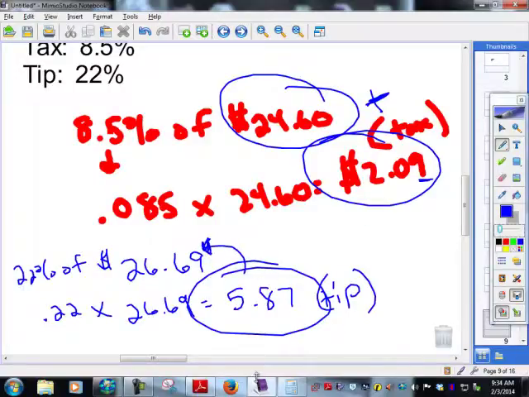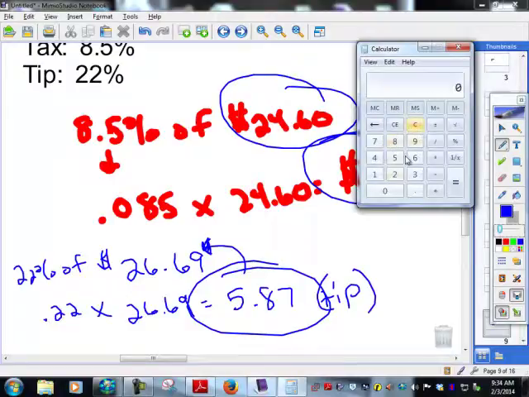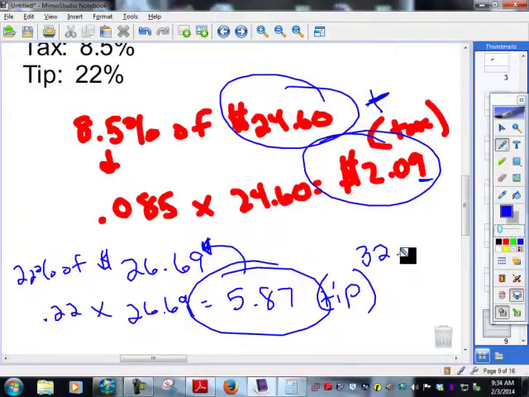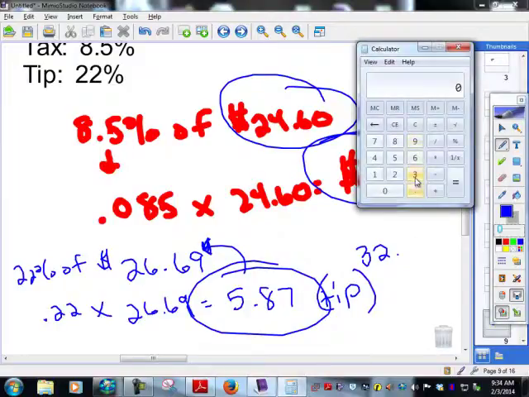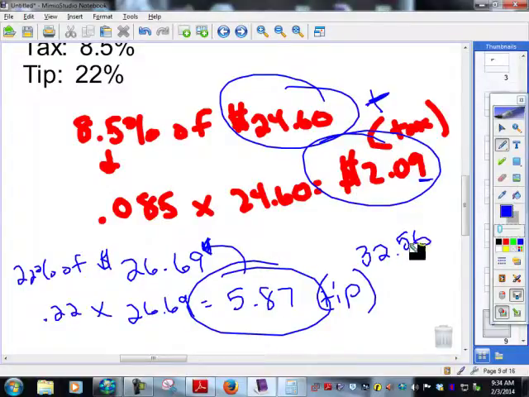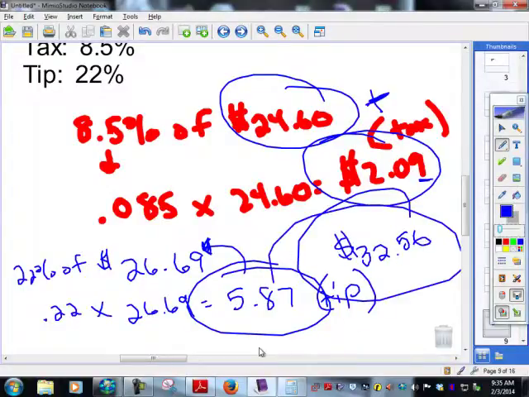Add them up. And you get 32.56. Let me just do it: 26.69 plus 5.87 gives me 32.56. Oh, I got it right. So you guys need to practice these.